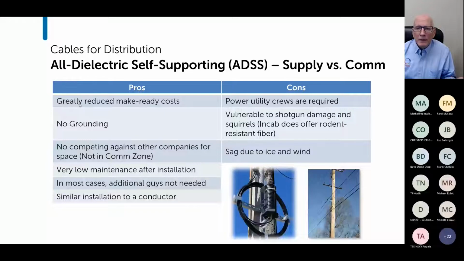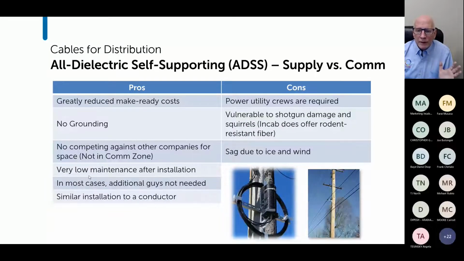Putting it in the supply zone, you greatly reduce your make-ready cost versus strand and lash that we'll talk about. With ADSS, you don't have to worry about grounding because you don't have a metal cable involved. In the supply zone, you're not competing against other companies for space like telecommunication companies, whereas you are in the comm zone.